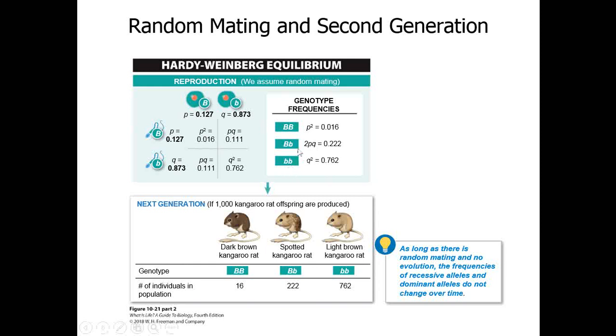And then the recessive alleles here are going to be 0.762. And so that's where those numbers came from down here. So if we have the next generation of rats, if we had our heterozygous individuals mating together and we already know what our allele frequencies are, these are the genotype frequencies that you would expect to see in this population.